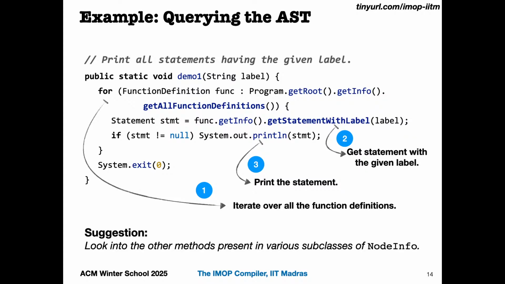So this for loop is basically iterating over all the functions. All the functions under program.getRoot, that's the given node. Instead of program.getRoot, if you pick some other AST, it will go to that. Similarly, the get statement with label gives me one statement, I can print it. Okay.